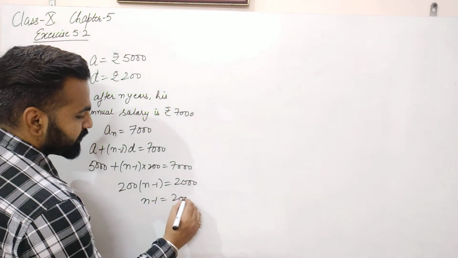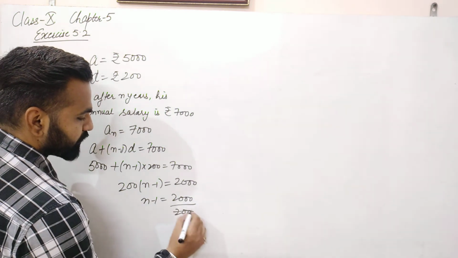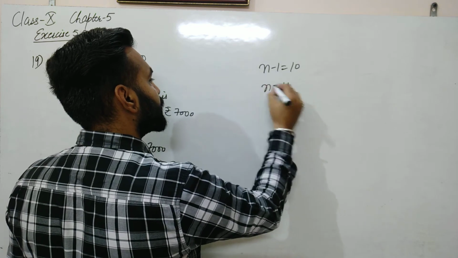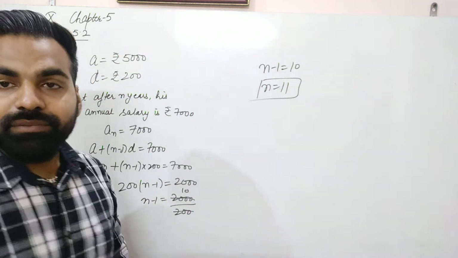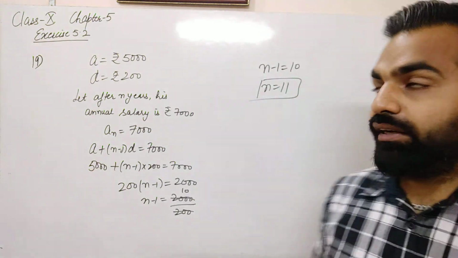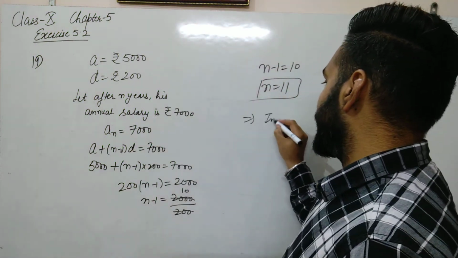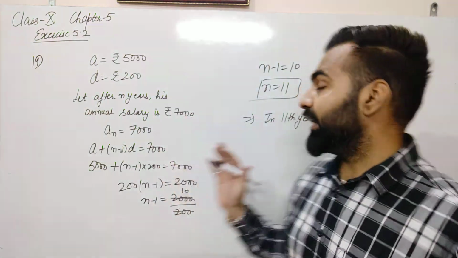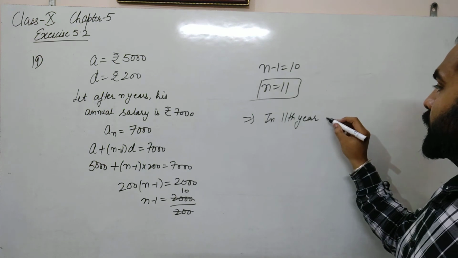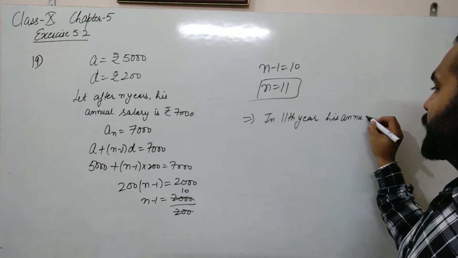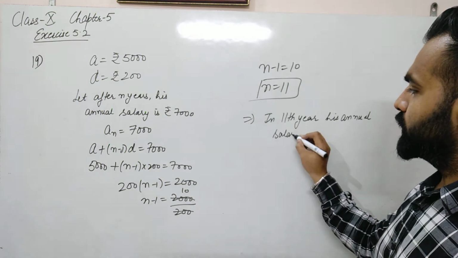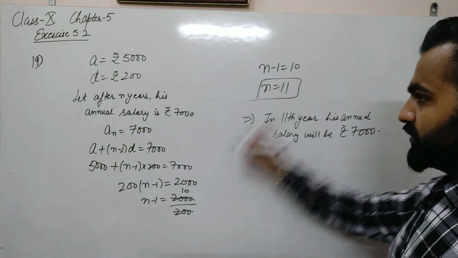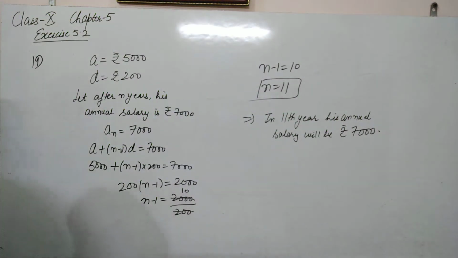N minus 1 is 2,000 upon 200, 10. So n minus 1 is equal to 10, n is equal to 11. So that means in the 11th year from his start, that is 11th year from 1995, his annual salary will be rupees 7,000. So this was question number 19.